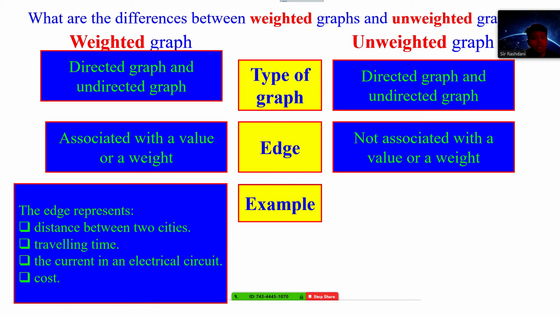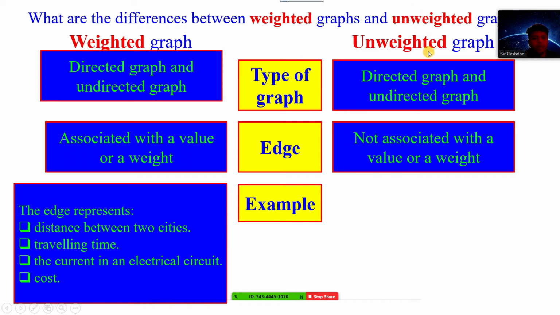So the distance will be stated as our edge. And then for traveling time, for example, from Kuala Lumpur to Melaka, how many hours? So the number of hours taken from Kuala Lumpur to Melaka is known as our weight in the graph. Okay, the current in an electricity circuit and the cost.